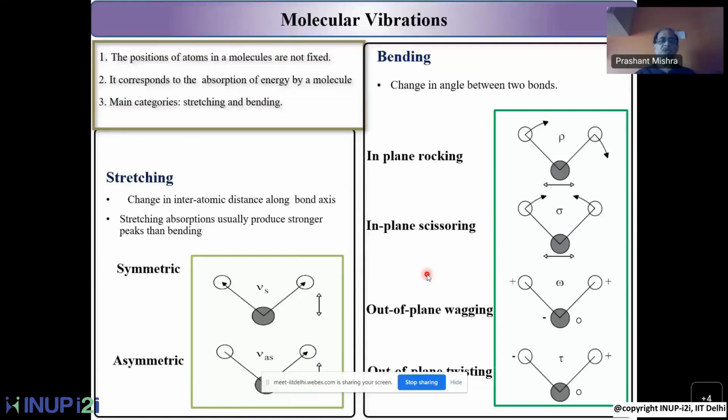Why does it happen? Because the positions of atoms in the molecules are not fixed, and that's why they keep on showing this phenomenon. It corresponds to the absorption energy of a molecule, and what you have seen is basically the stretching mode and bending mode, which has been shown over here.